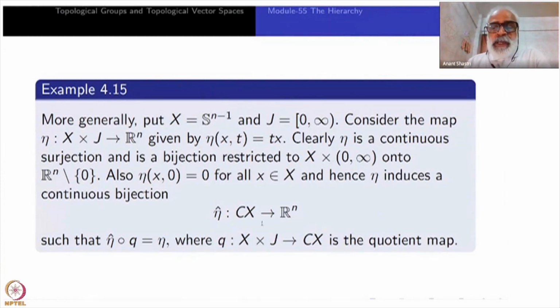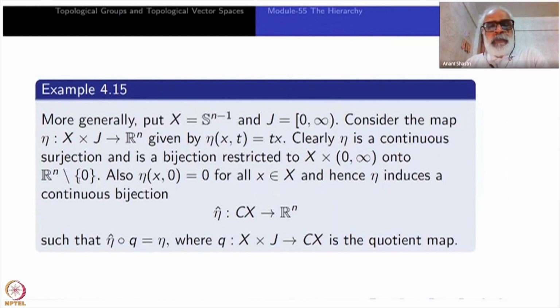I want to say that even this infinite cone Cx is homeomorphic to the entire Rn. There are different ways of seeing this. The point is continuity of the inverse.